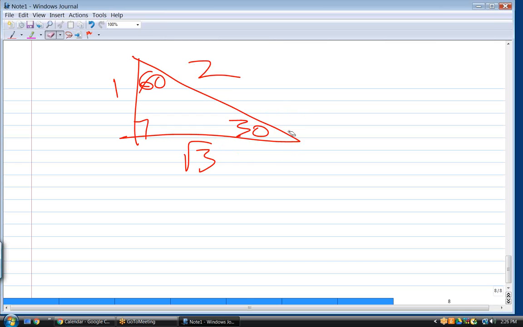You can think of those three secondary trig functions in that manner: figure out what the cosine, sine, and tangent are, and then just take the reciprocal ratio.